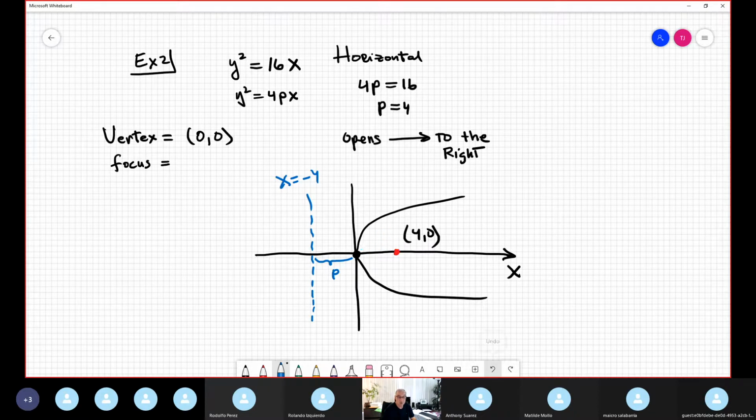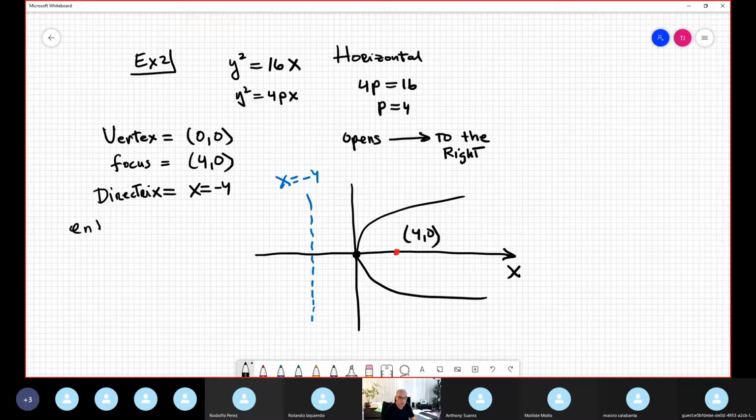Okay, now one more piece of information we need, the endpoints. The focus is located at the point 4,0. Directrix is x equals -4.